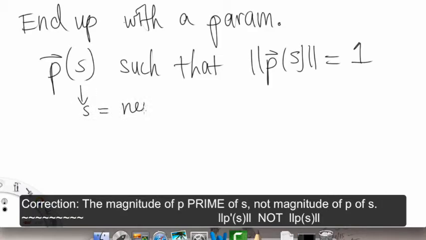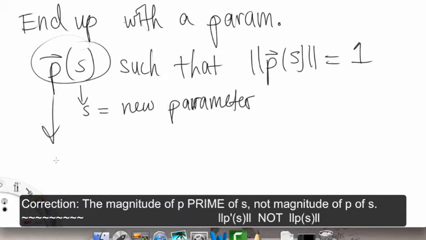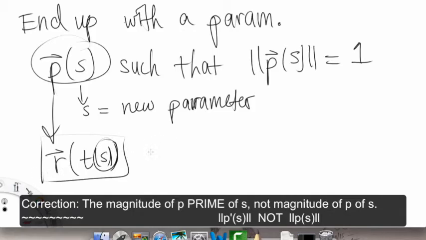S equals our new parameter variable. Another way to write or think about this is that P of S is the same thing as r of t of s. We stuck this S in here so that our overall parameterization now has a constant speed of 1.